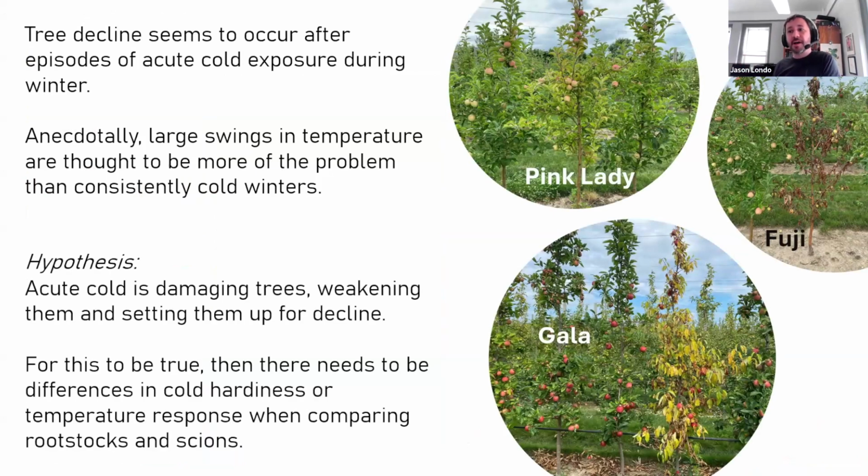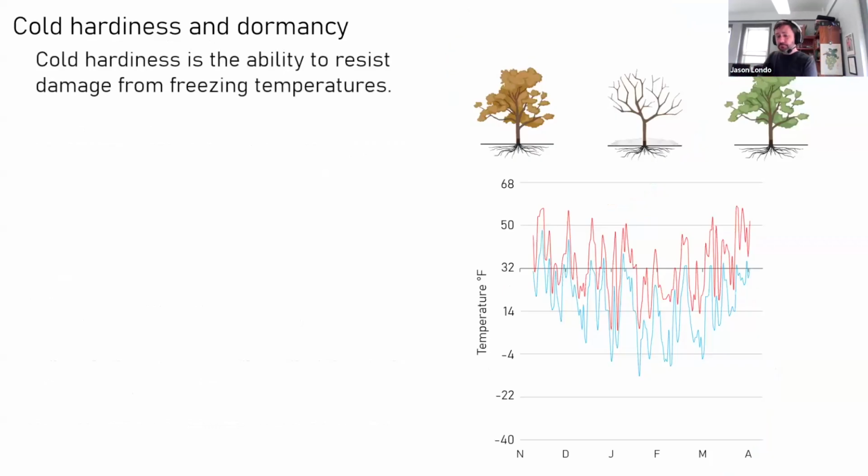So the basic hypothesis here is that acute cold damages the tree, which weakens it and sets it up for future decline. But for this to actually be a mechanism, we need to see that rootstocks and scions differ in their cold hardiness throughout winter. So that's the approach to understanding this phenomenon.